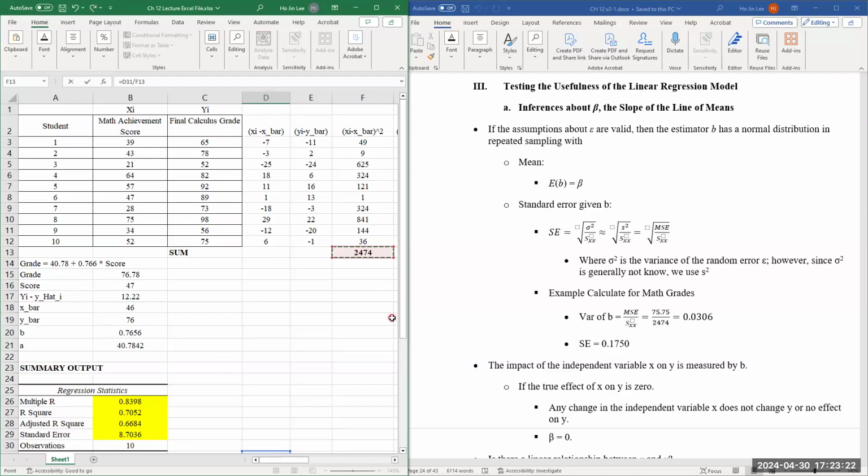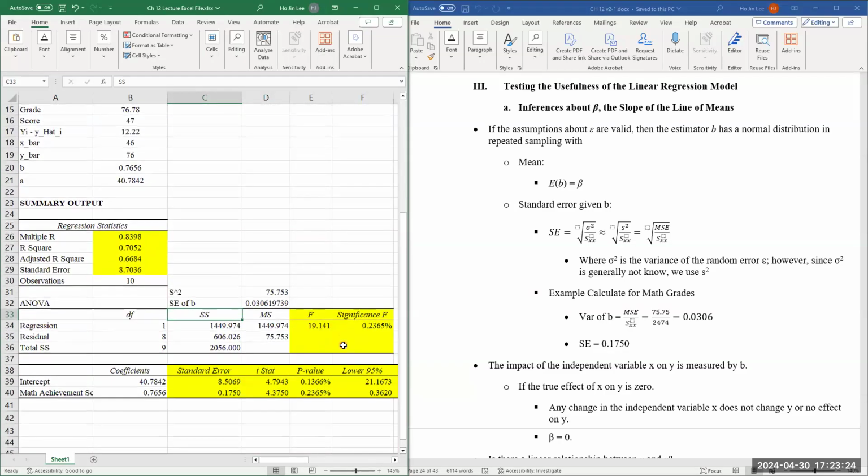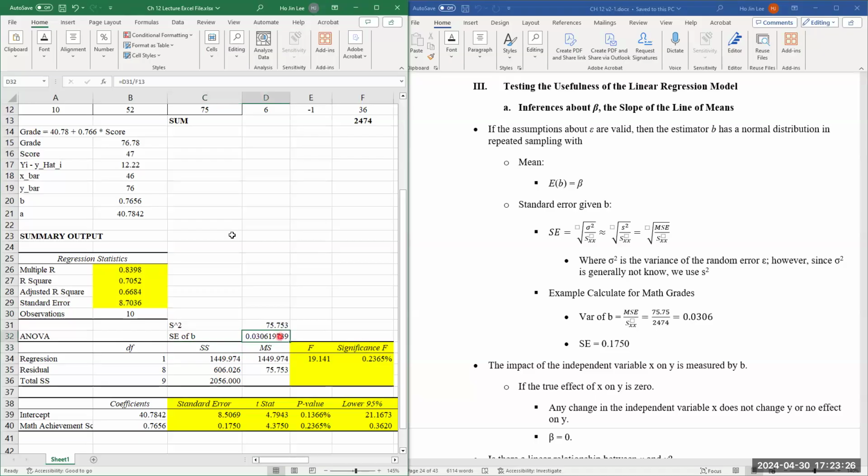And there, see if that's it. We got to square root this number. Sorry, got to square root it. And there it is. The same number.